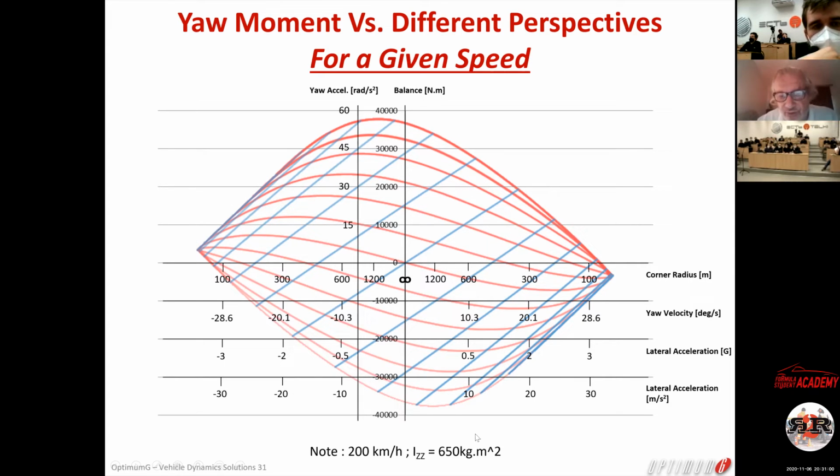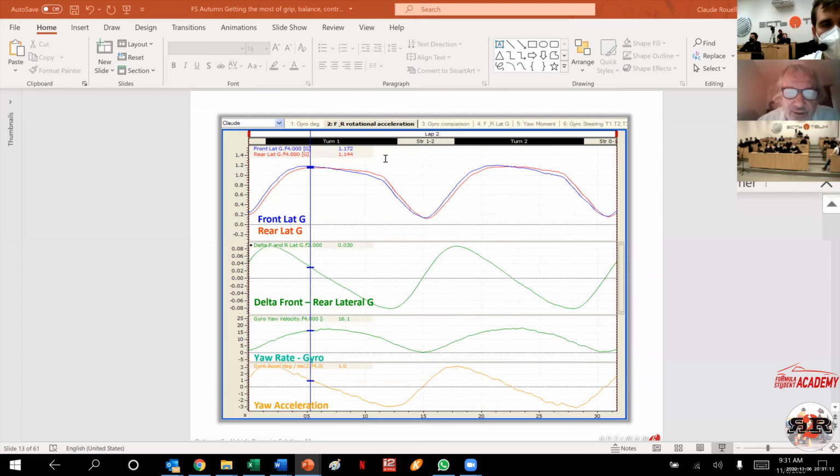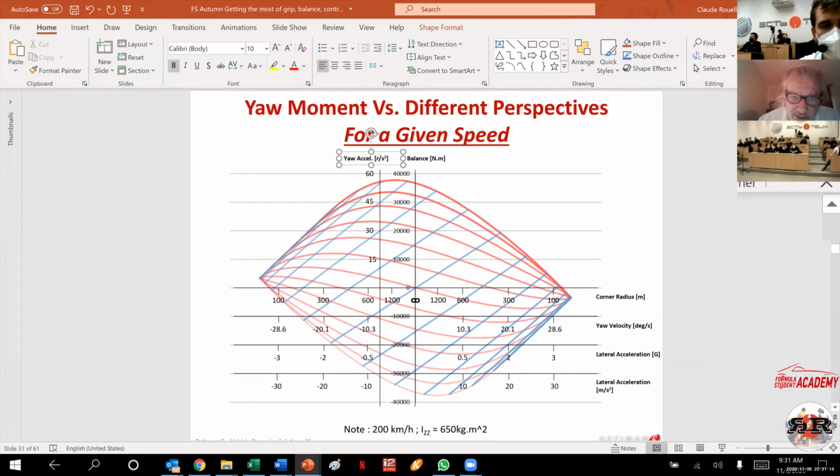But if you have the inertia, you can also calculate the yaw acceleration. That is a mistake, I need to correct that. I don't know if I can do it. Yes, it's degrees per second. Sorry about that.